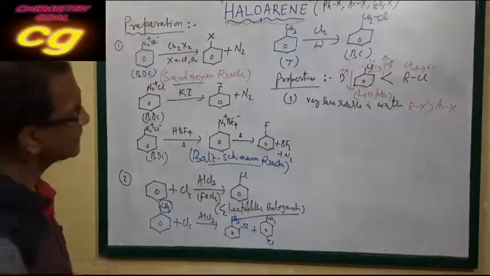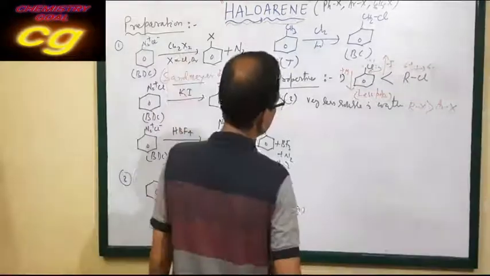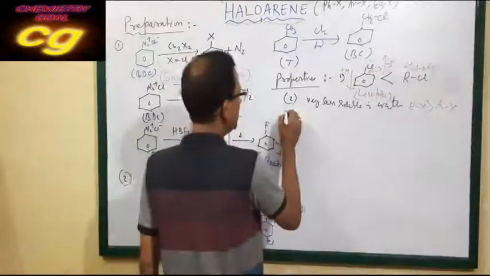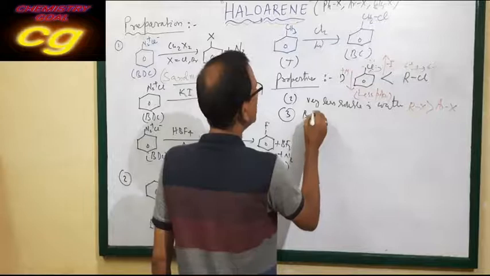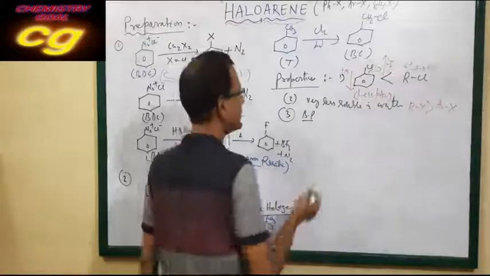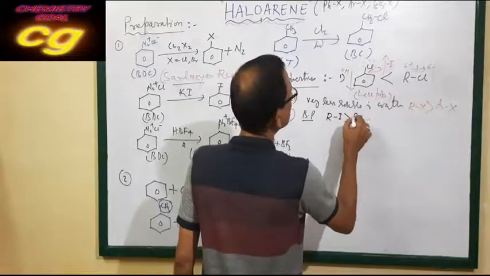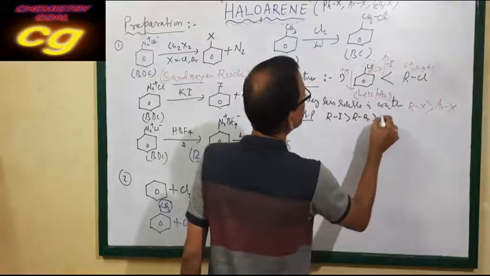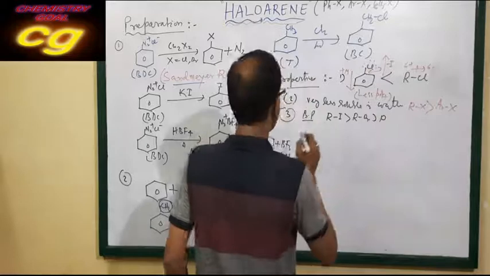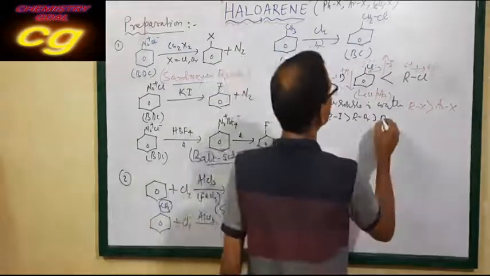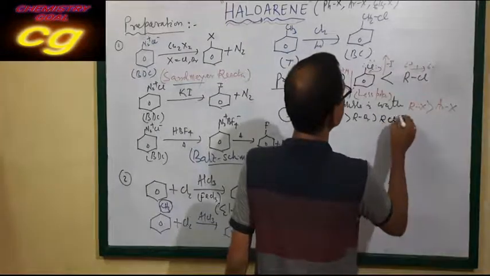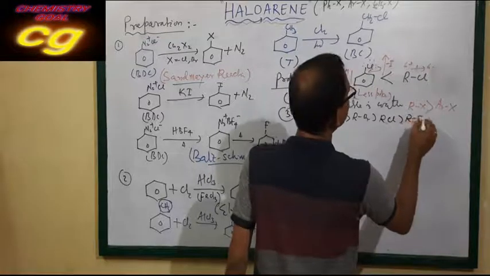Then another thing: the boiling point, BP. The BP order is the same as haloalkane. RI will be greater than RBr, greater than RCl, greater than RF.